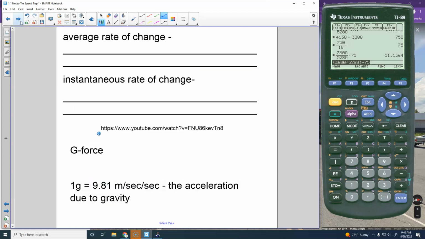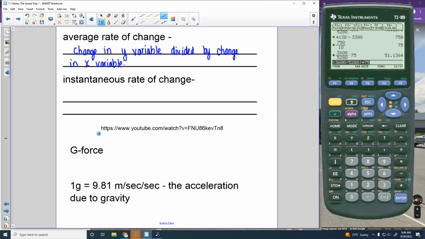Average rate of change is going to be the change in your y variable divided by your change in your x variable over whatever period of time that you are looking at.